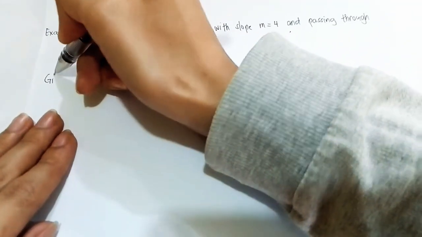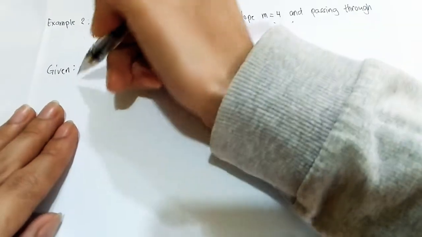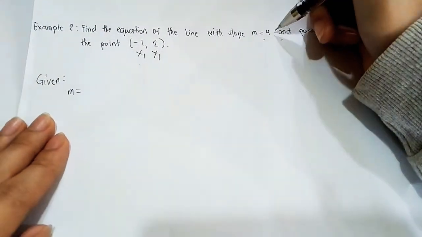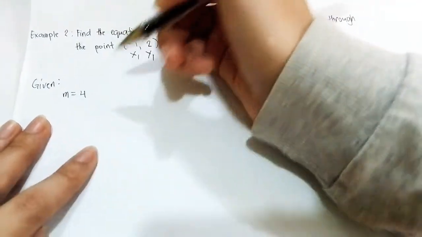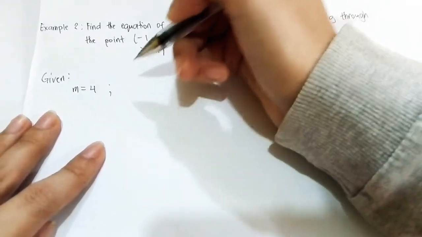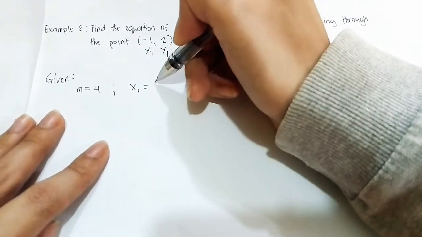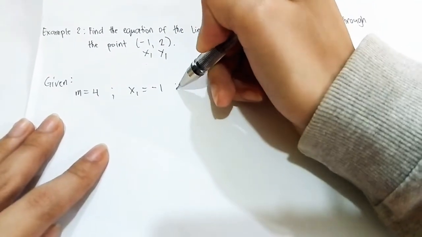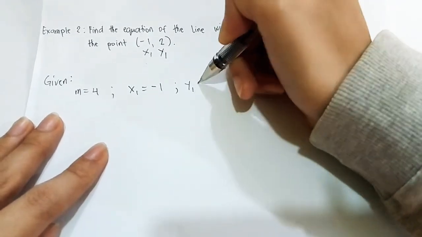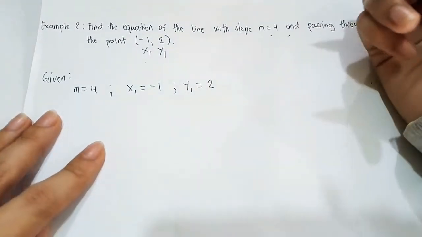So we have the given slope m, which is equal to 4, and the x coordinate of the point, we have negative 1, and the y coordinate is positive 2.